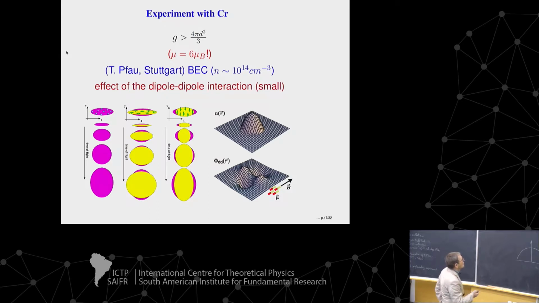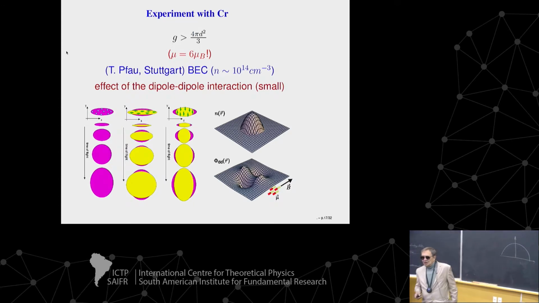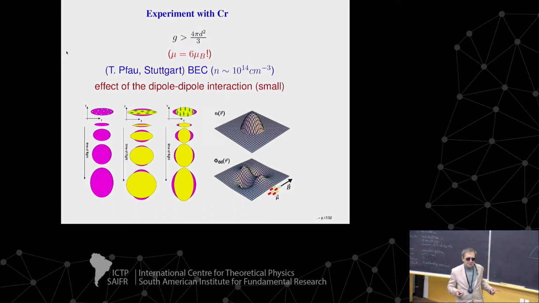So here I compare the size of the cloud with dipole-dipole interaction with the shape of the cloud without it, and that's what they have done experimentally. The effect of the dipole-dipole interaction in these experiments was not big, it was small, just because it's a magnetic dipole-dipole interaction, and therefore it's not dominating.